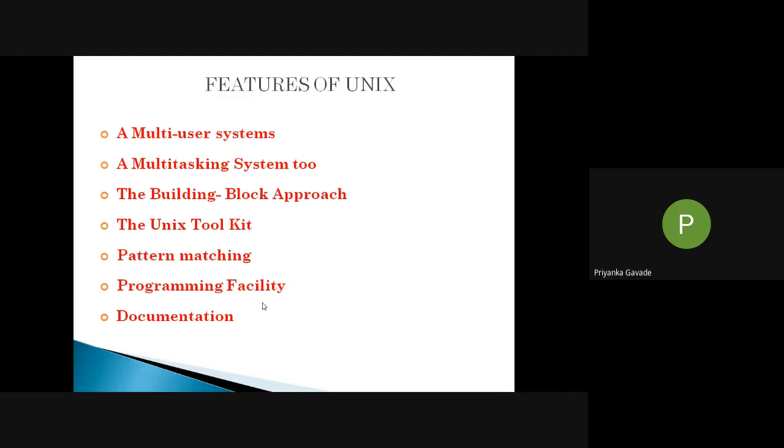Similarly, Unix also offers us a toolkit. Unix represents the kernel, but the kernel by itself doesn't do much benefit to the user. In order to properly understand the power of Unix, we need a host of applications that are shipped with every Unix system.